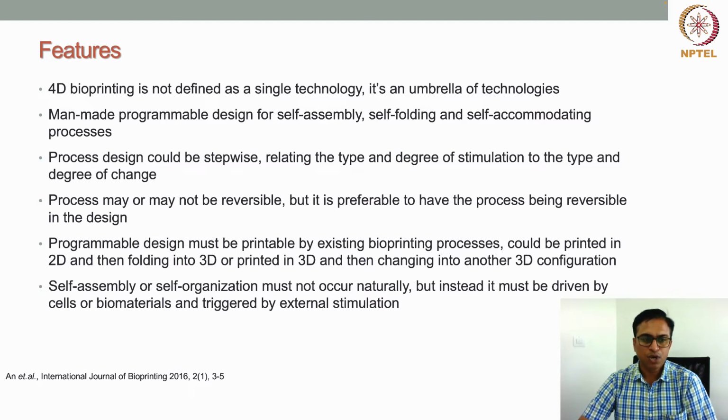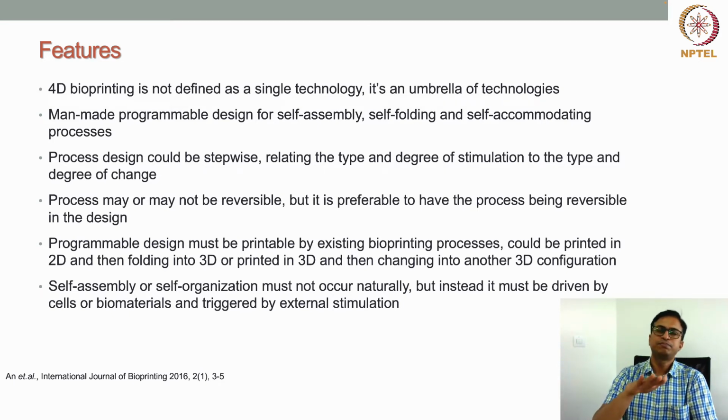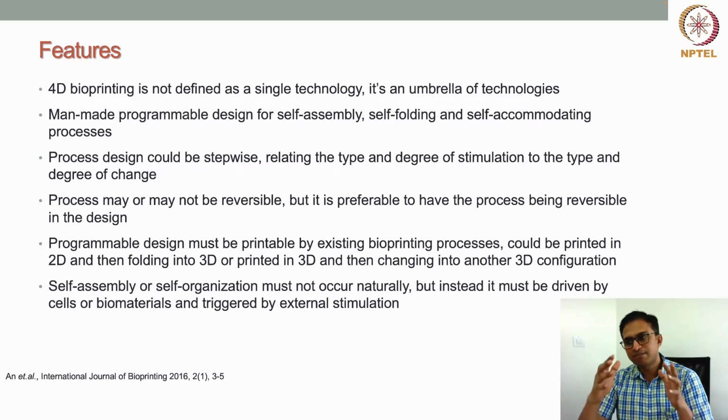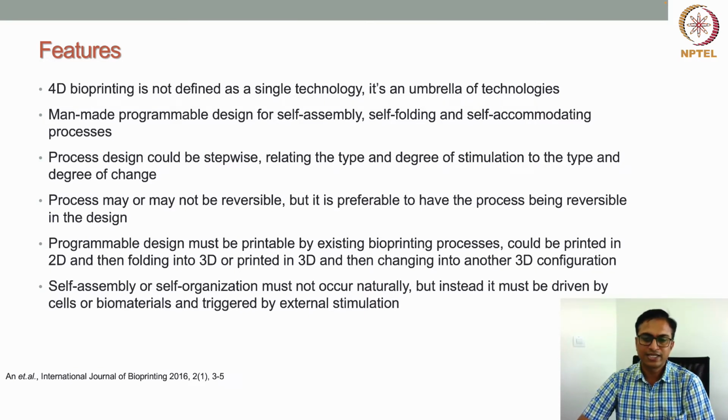The process design for this kind of 4D bioprinting can be stepwise, and it can be a reversible process. It can be printed in 2D, and that 2D can change into a 3D form, or it can be printed in 3D form and changed into another 3D configuration. Other than this, also self-assembly and self-organization that cannot be natural or naturally occurring, but man-made or programmable. So these are the most common features of 4D bioprinting.